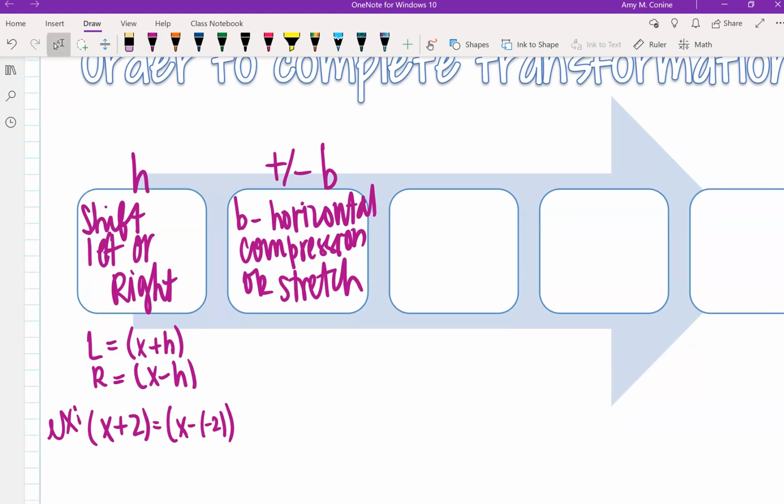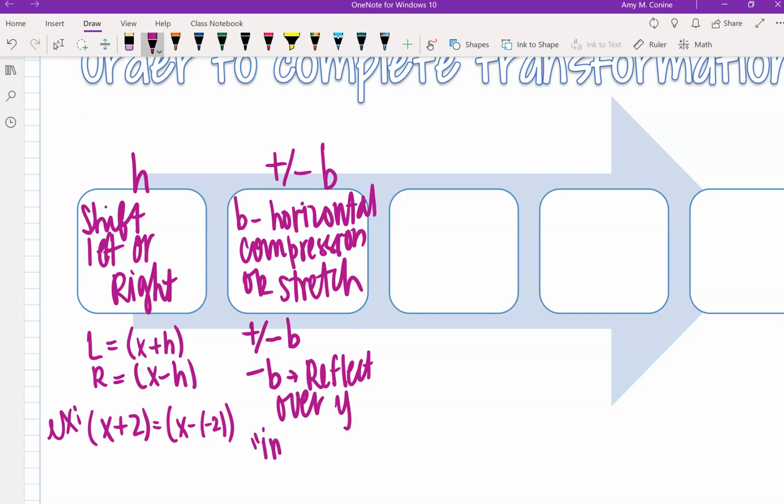So a compression or a stretch, it's going to either be super flat or super steep. We're not going to do too much with evaluating b, but what I want you to take a look at is when you have a plus or a minus b. Okay, if you have a minus b, how do I want to write that? So a minus b means that you have a reflection over y. So I always like to say inside y.